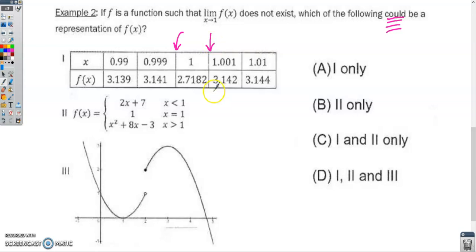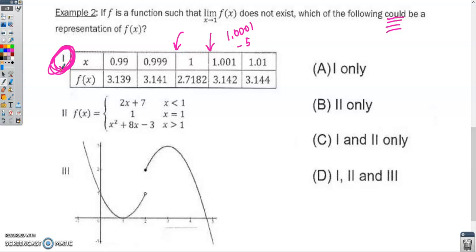For instance, these numbers could dramatically shoot down; at x equals 1.0001, the function value could be -5. We just simply don't know for sure. So based off of this table of data, even if it may be unlikely, it is possible that this limit does not exist as x approaches 1.